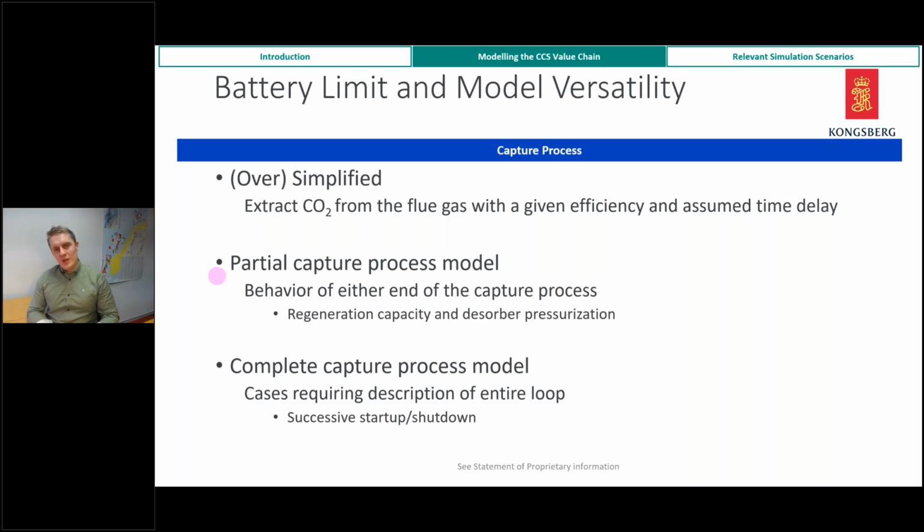The next thing you can do is to think of this as a partial capture model. What if I'm not yet interested in the entire capture plant? I want to start at one end of it, typically the desorption column or regeneration column, many names. But maybe you're interested in studying how this column behaves when the steam or energy varies.